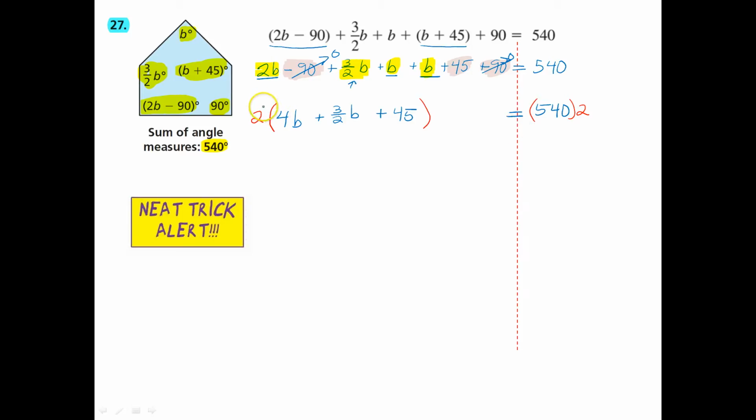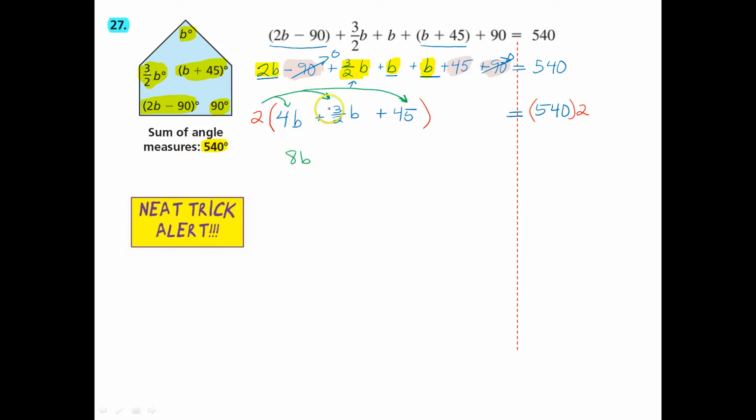But we must exercise caution and remember that it's the whole side of the equation that gets multiplied, which means if you got more than one term on one side, you have to use the distributive property and multiply by each term inside the parentheses that you draw, because you're multiplying 2 by the entire side. Okay, so let's do it. 2 times 4b is 8b.